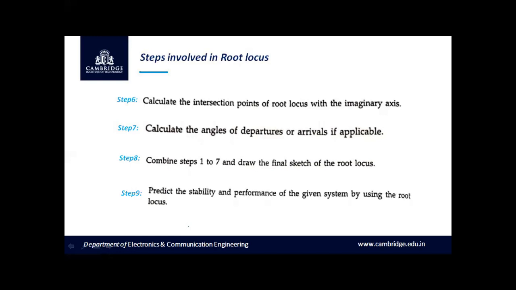And finally, step number 9, predict the stability and the performance of the given system by using root locus. Finally, we have to speak about the stability with respect to the parameter k and specify the ranges at which the system is stable, at which the system is marginally stable, and at which the system becomes unstable.